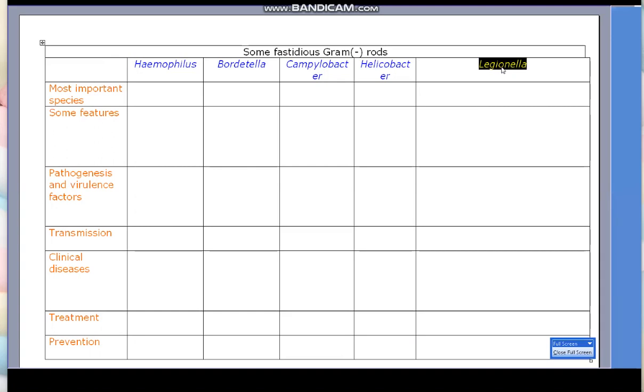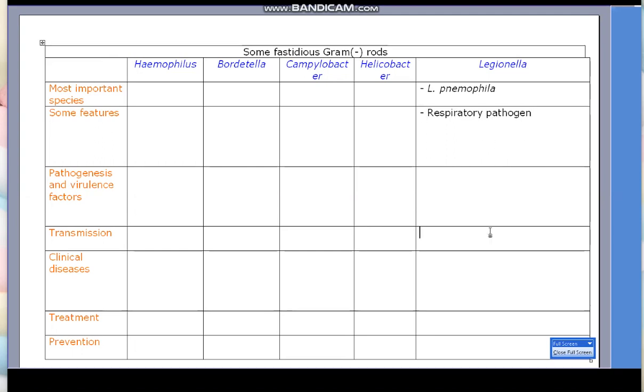Legionella is the last one. The most important species that we are going to study is Legionella pneumophila. Legionella pneumophila is a respiratory pathogen.